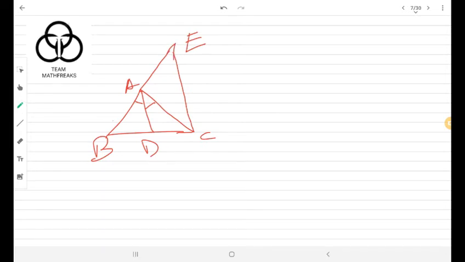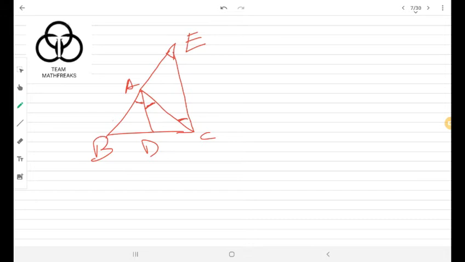Now since these are parallel, we can just look at this angle. You can think it yourself, this angle is equal, and this angle is also equal, because these lines are parallel.